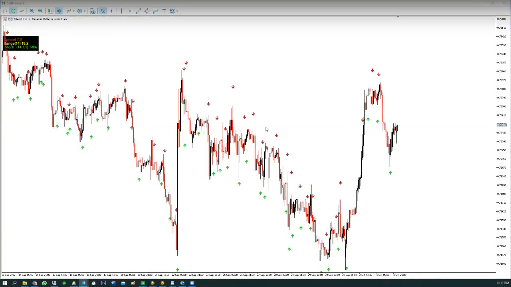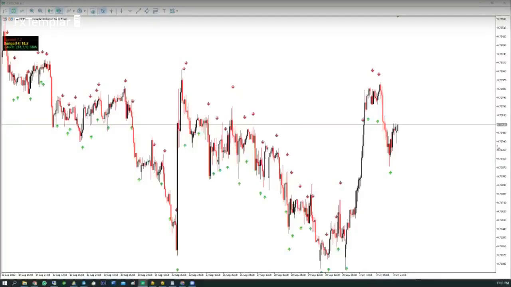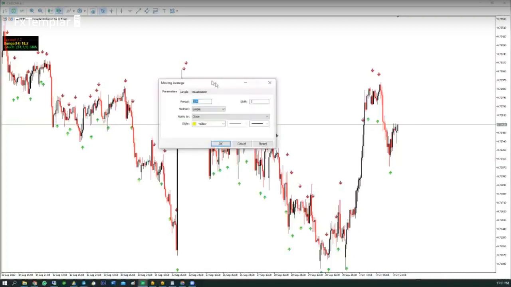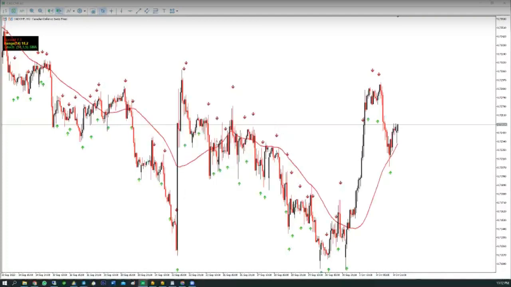So all you simply want to do is come here, go to trend, moving average. When you get to moving average, you go to period. The first one is period 50, simple, close. Let's use color red. So we have that trend line, that moving average line.